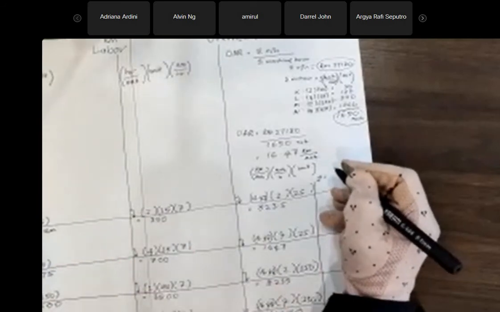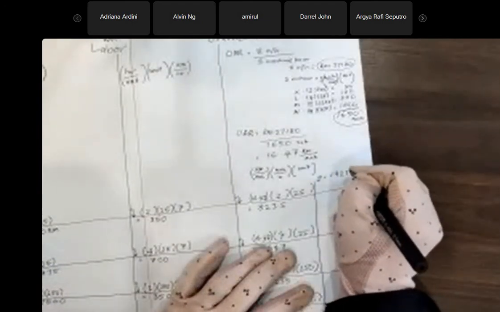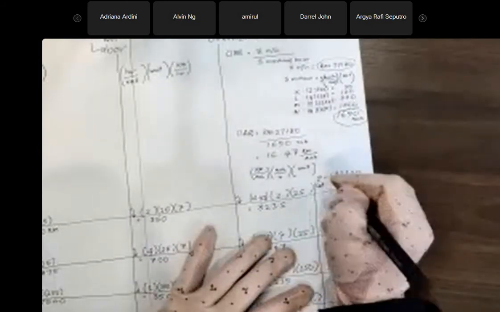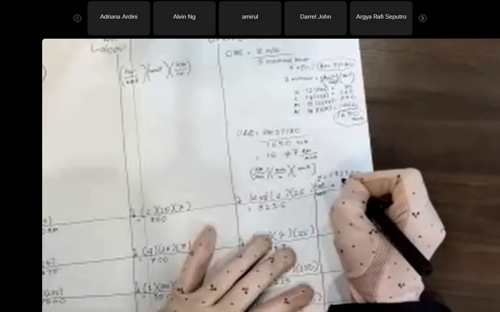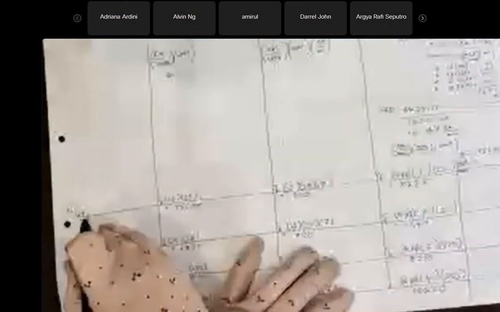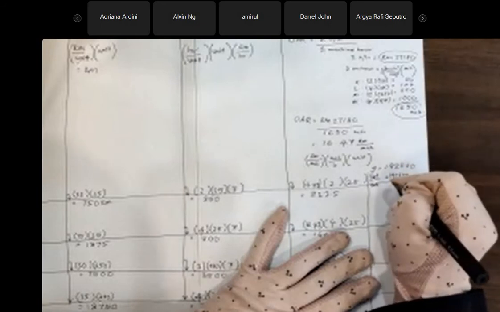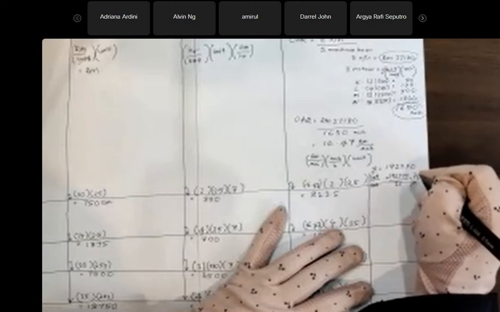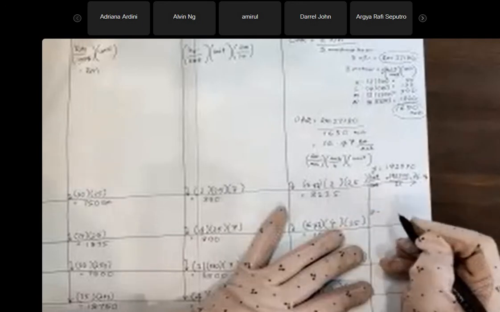So you will get 1923.50. What is the cost per unit? Because the question wants you to calculate the cost per unit, just divide by 25. So you will have 76.94.